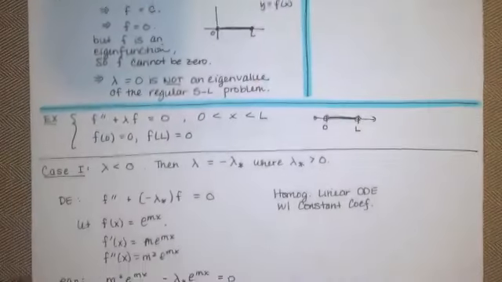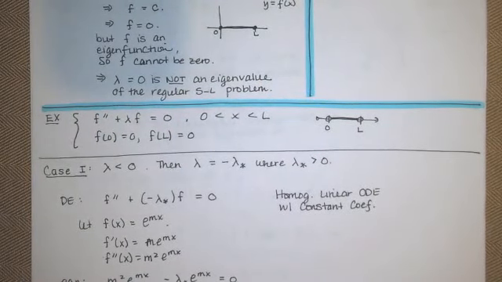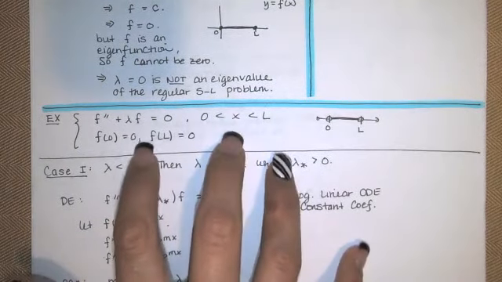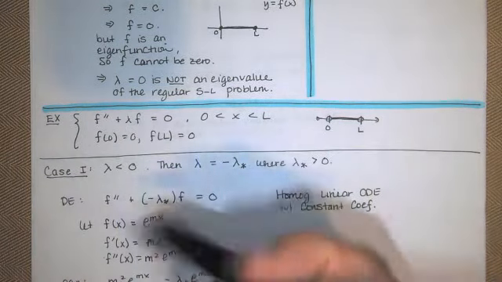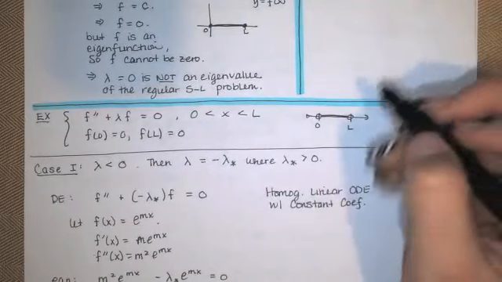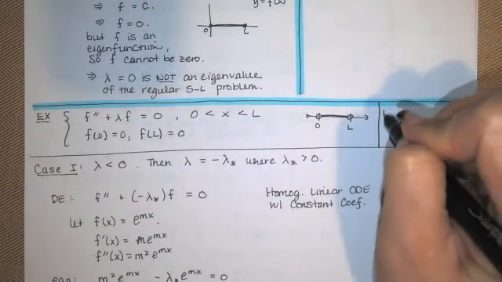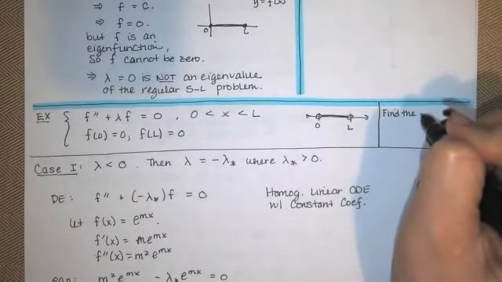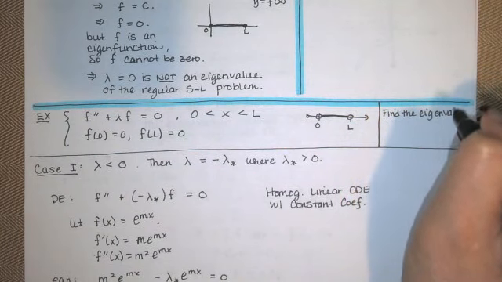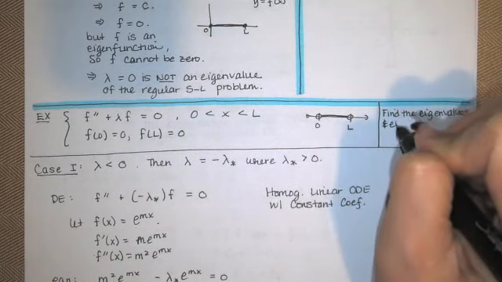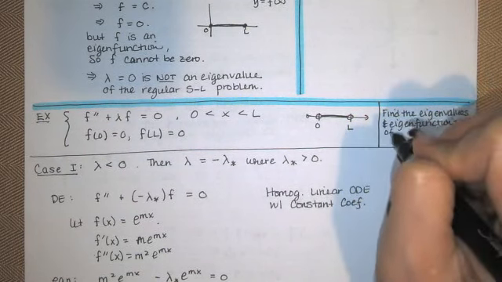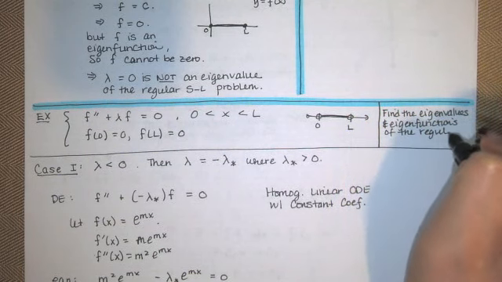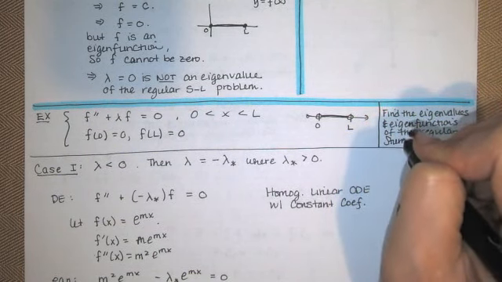We could have done all of that using the Rayleigh quotient. But generally, if you're taking a PDE class, that's not what you do. If you're solving a differential equation or a regular Sturm-Liouville problem like this, and again, the question doesn't say just solve the problem, it says find the eigenvalues and eigenfunctions of the regular Sturm-Liouville problem.